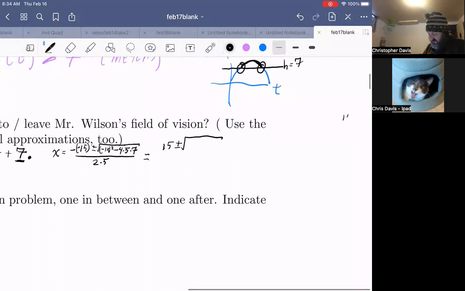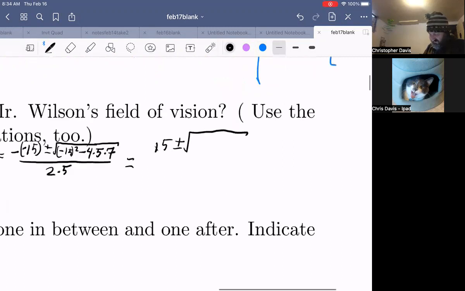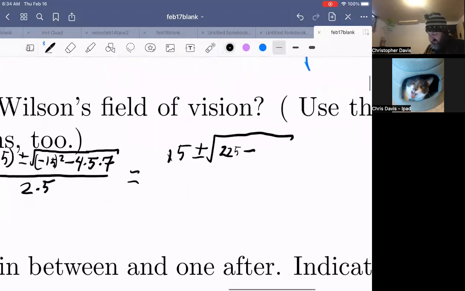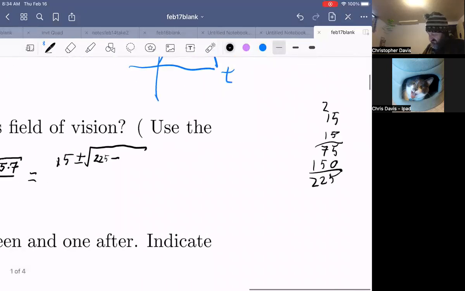That's not so hard. 15 times 15, 5 times 5 is 25, carry the 2. 225 minus 4 times 5 times 7. Let's see, 4 times 5 gives me 20. 20 times 7 is what, 140?